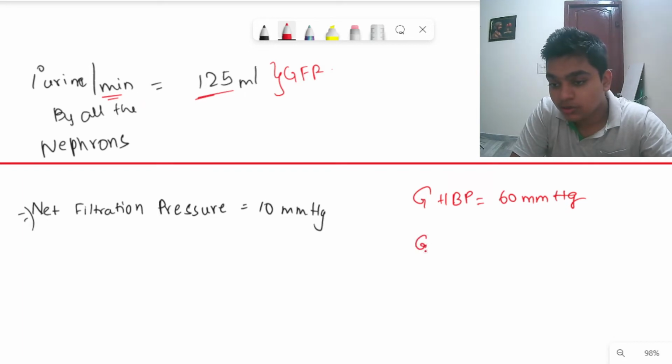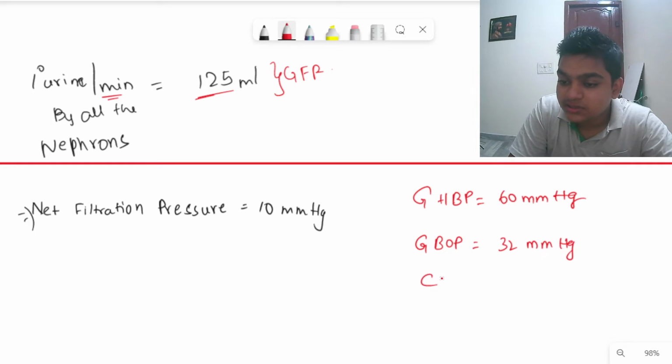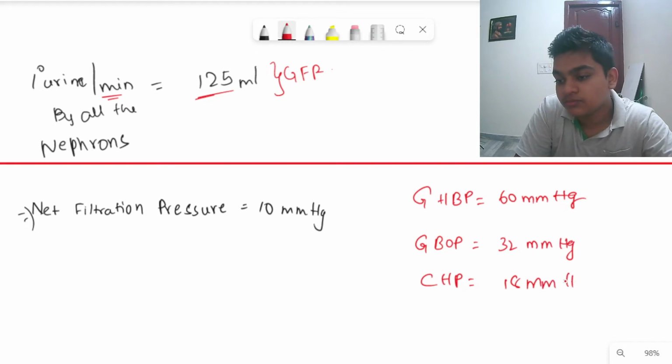Next one, glomerular blood osmotic pressure, which is equal to 32 mm of Hg. Next one, CHP, which is equal to 18 mm of Hg.